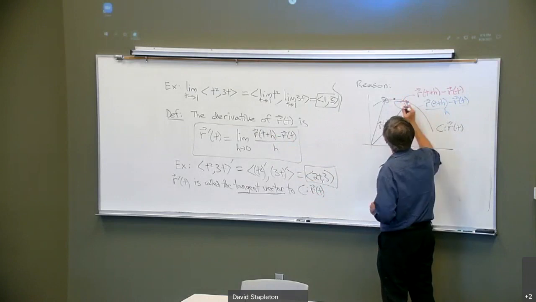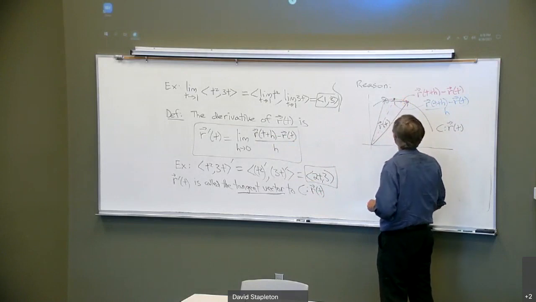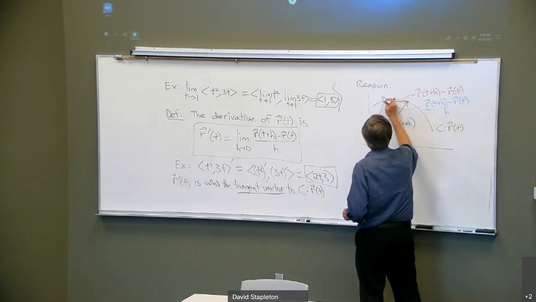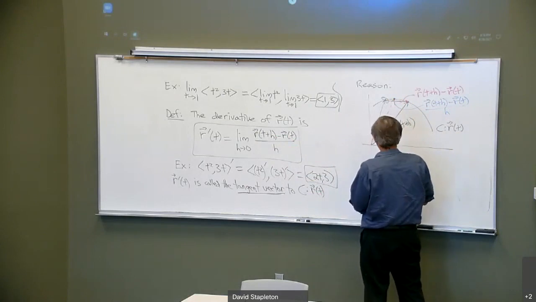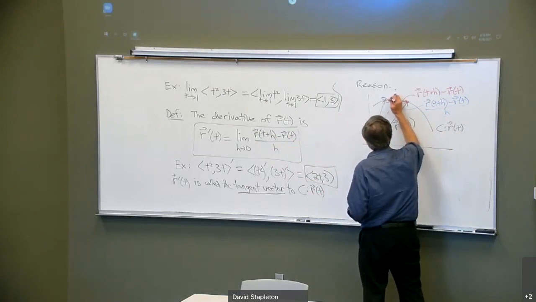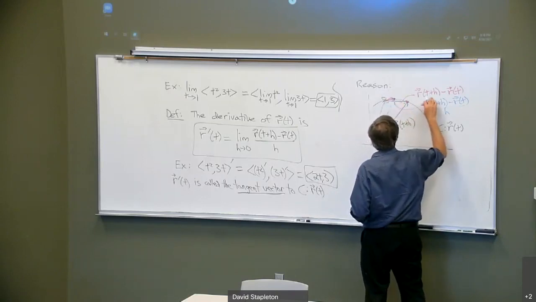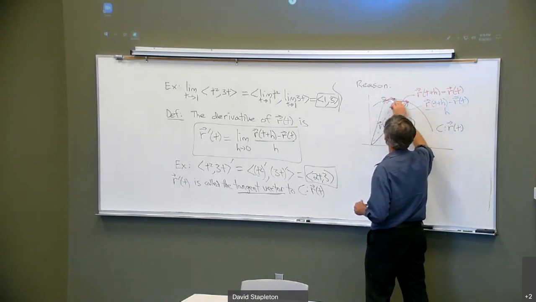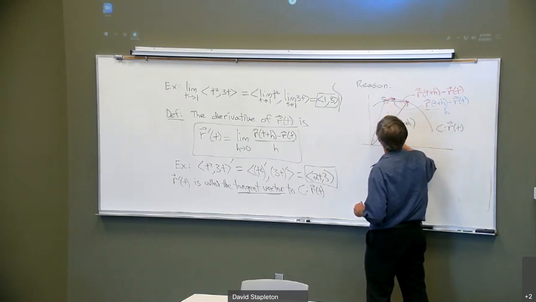Now, we take h a little smaller, and we go to this point, and now this is this one. This one is r of t plus h minus r of t. It goes between the two endpoints of these two vectors.